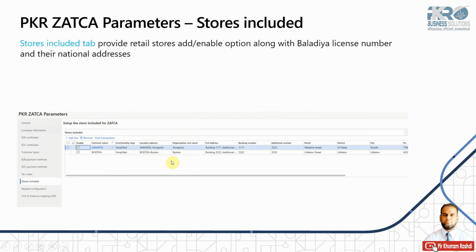As well as their Baladia license number, which is called Ruksa in Saudi Arabia, which is issued to each of the stores, and which needs to be entered here. So every time a simplified invoice or B2C invoice is converted into XML, this information will also be part of that XML file, and then that XML, being encrypted, will be pushed to the ZATCA portal.